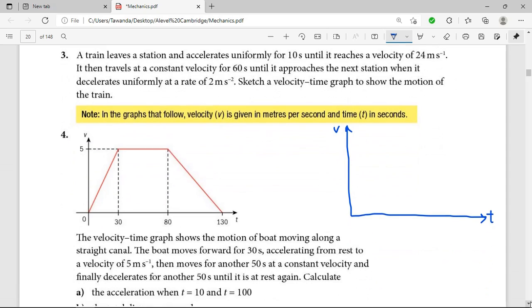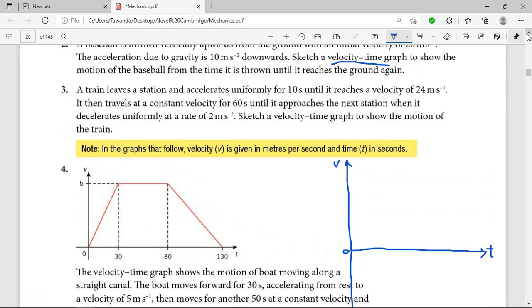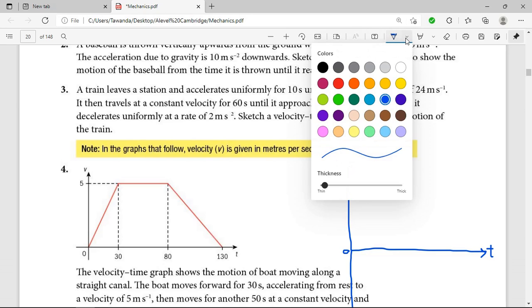Since velocity is a vector, you might have negative velocity. So we want to draw the velocity time graph, and we need to identify the key points we need to calculate.